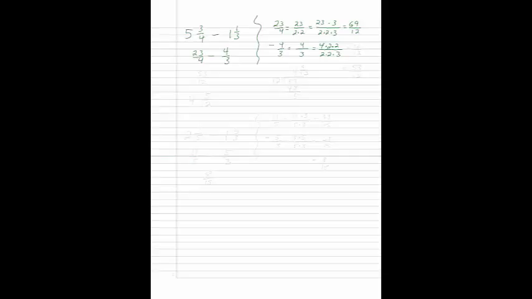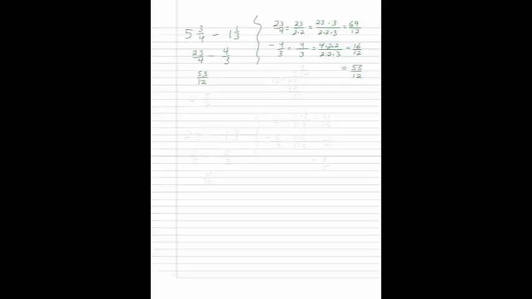4 times 4 is 16 over 12. So that when we subtract those, we get 53 over 12. But we generally speaking want to rewrite that as a mixed number.